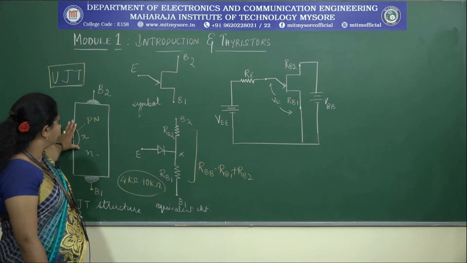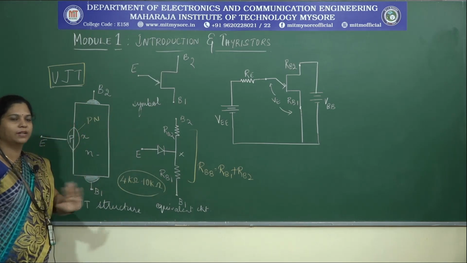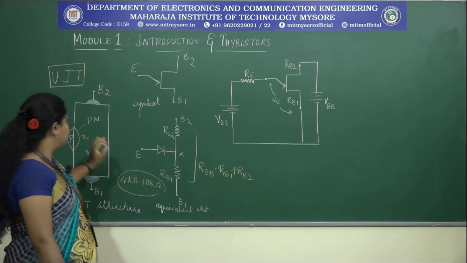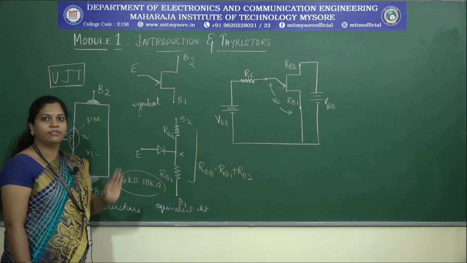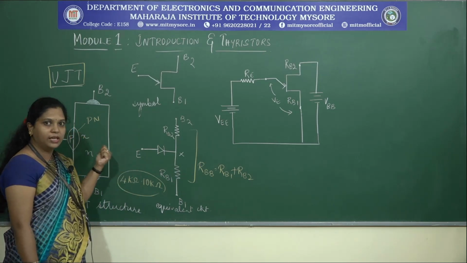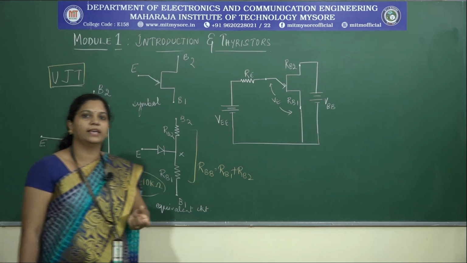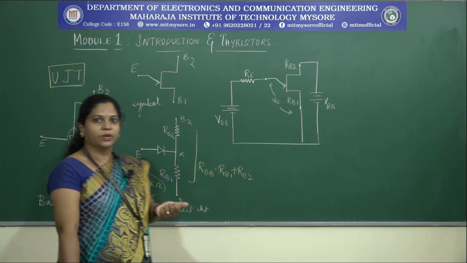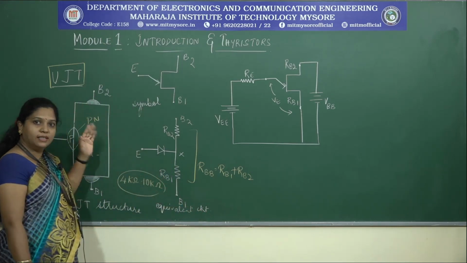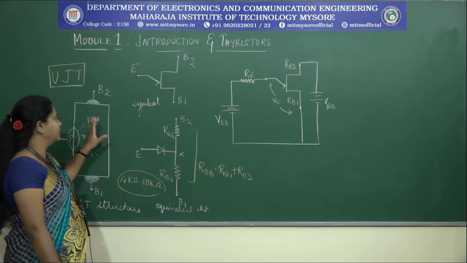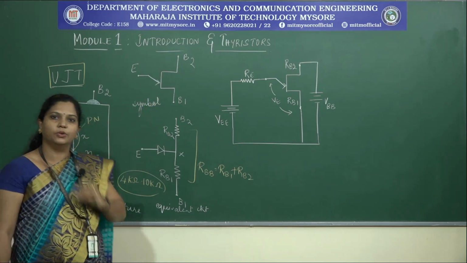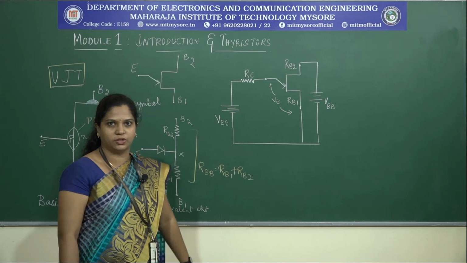The working is similar to that of a diode, but the most significant use of a UJT is that you can vary the output voltage. Since this special feature is present, a UJT is usually used as a switch.